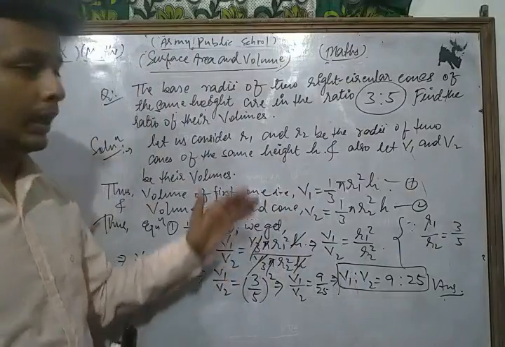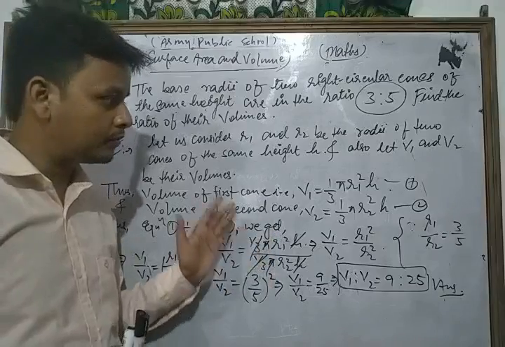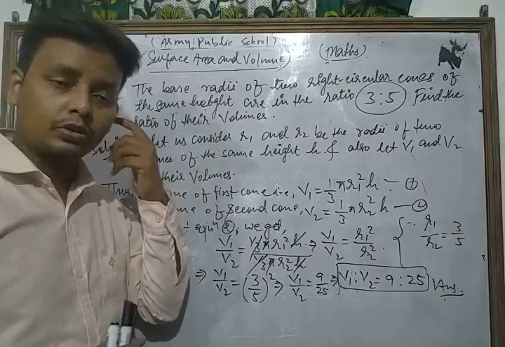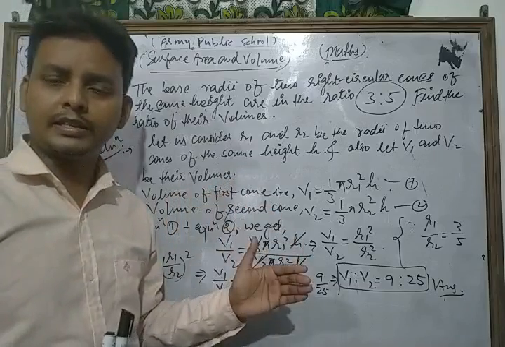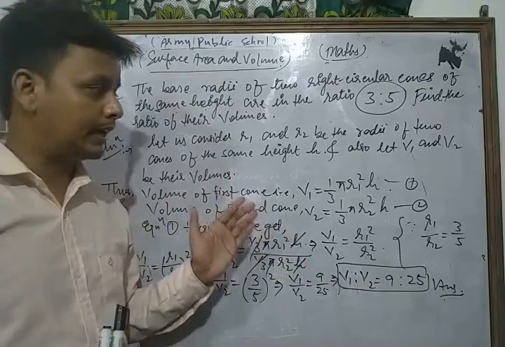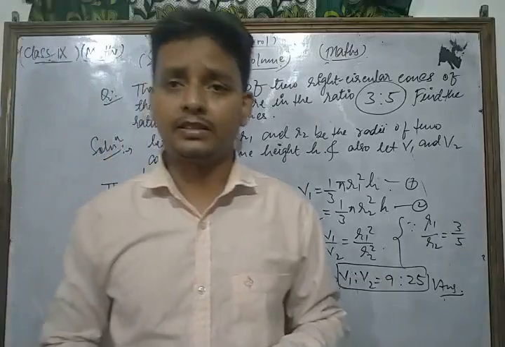Dear students, this is the method to solve this type of question, so please follow this method. Before solving the questions of your NCERT exercise, first do more and more practice of this type of question which we discussed in this class and also in previous classes.